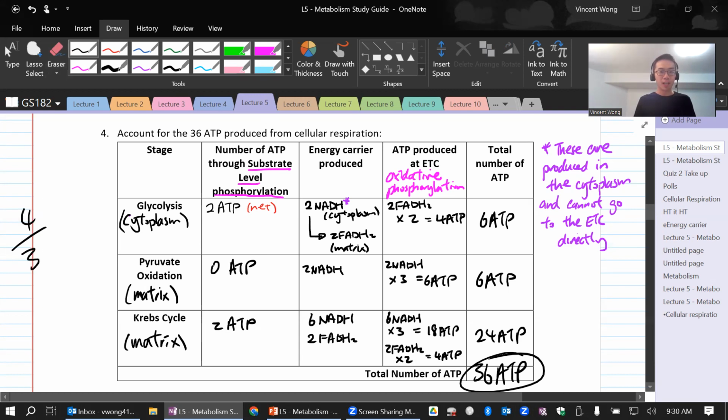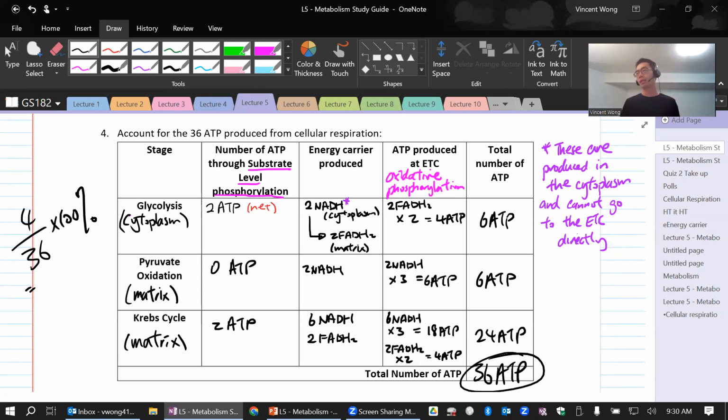So what's 4 divided by 36 times 100? Take your calculator out, plug that in for me. 4 over 36 times 100. It should give you goosebumps when you see the number.